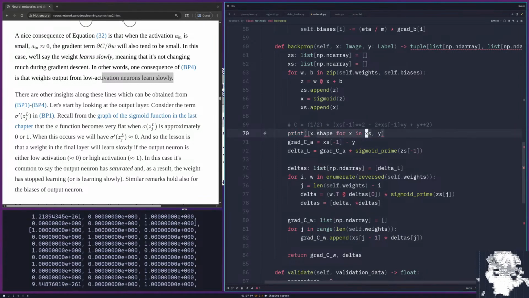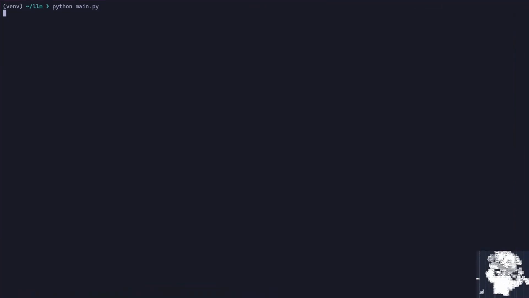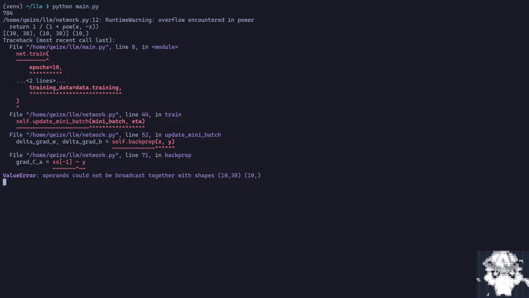X.shape for x in this, and print me y.shape. 30, 30, 10, 30, 10, nothing.